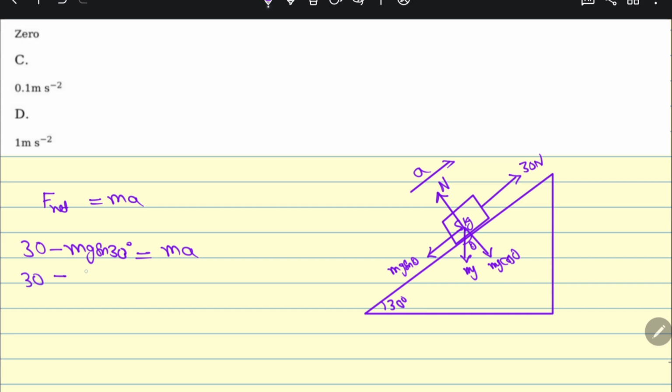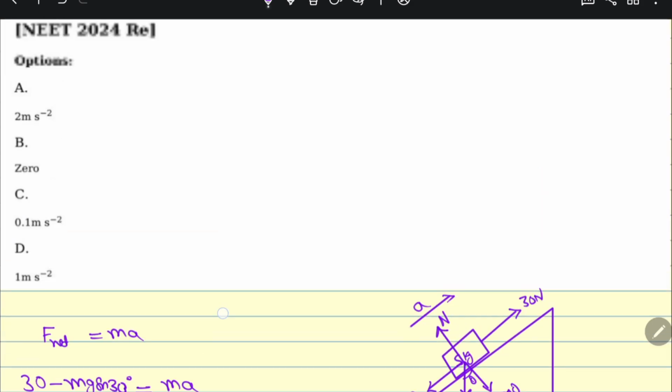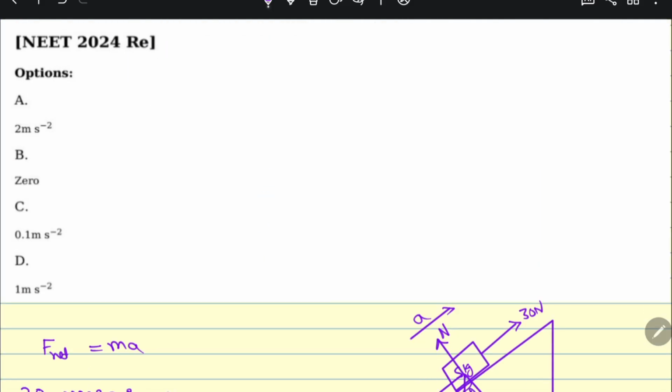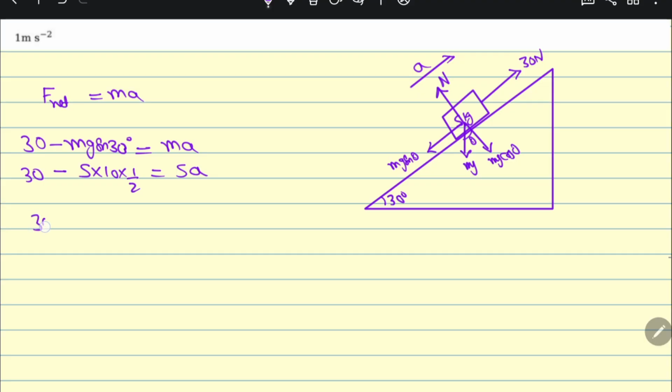So 30 minus, mass is 5, g is 10, sin 30 is 1 by 2, is equal to 5 into a. So this comes out to be 30 minus 5, so 25 is equal to 5a. So a is equal to 1 meter per second square.